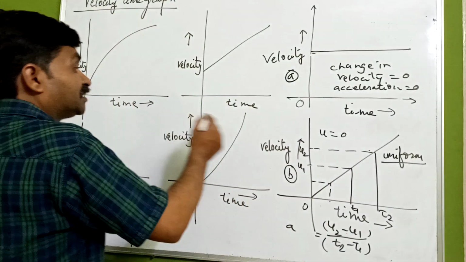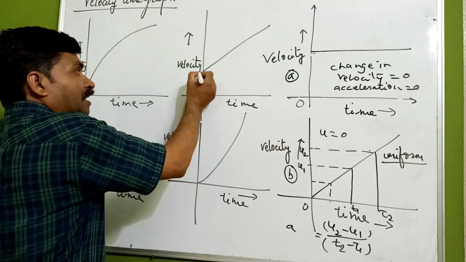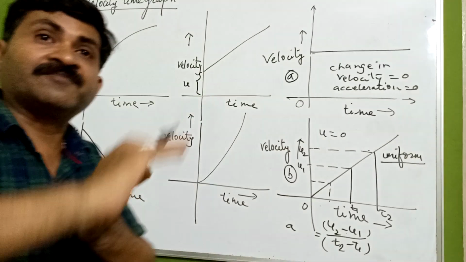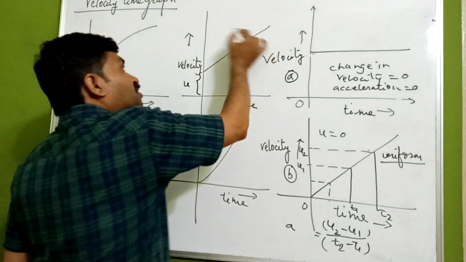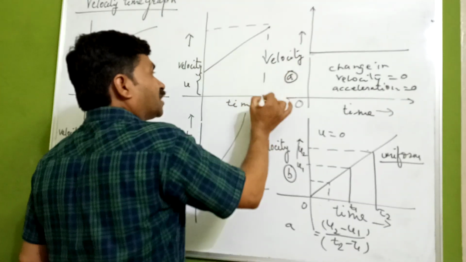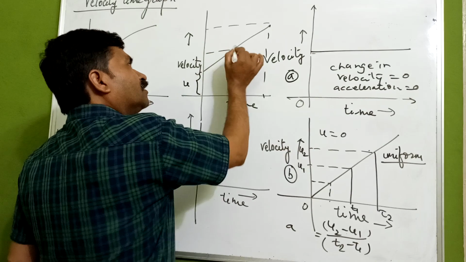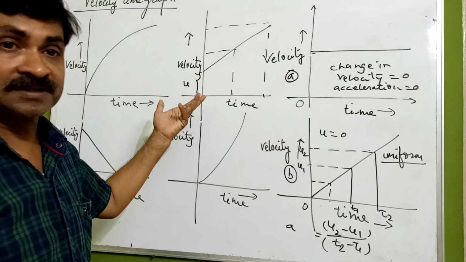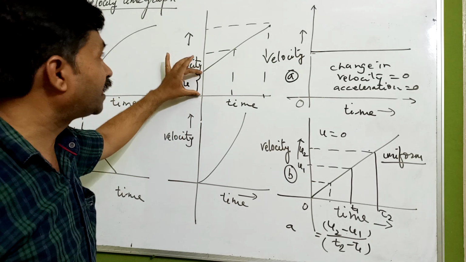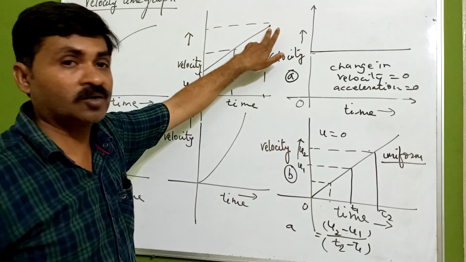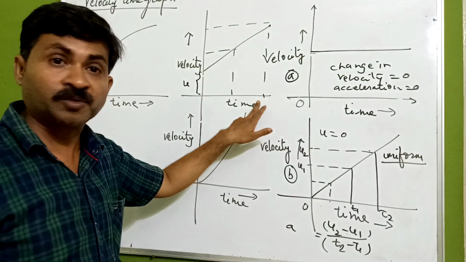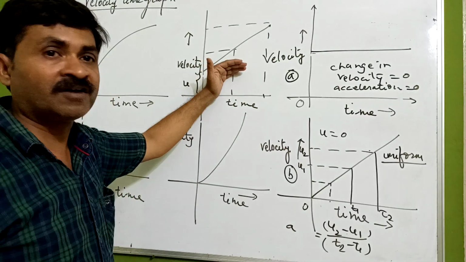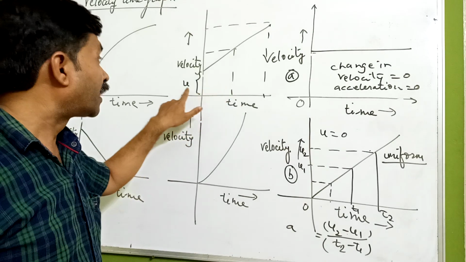Now let us go to another graph. Here, this is the initial velocity. An object is moving with some initial velocity, and there is a change in velocity with respect to time. We observe that there is an initial velocity and the velocity is increasing with respect to time. So ultimately there is a change in velocity with respect to time.